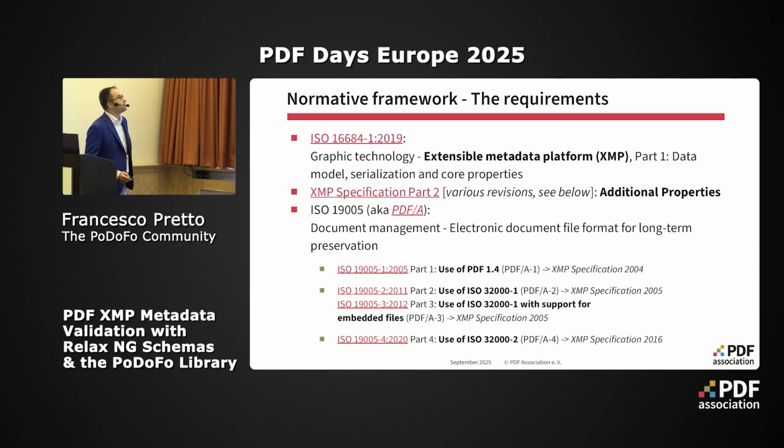So the standards that regulate this, of course, the most recent revision of the XMP specification, you can find it in ISO 16684 part 1, which enlists the basic properties and describes the data model for the XMP.